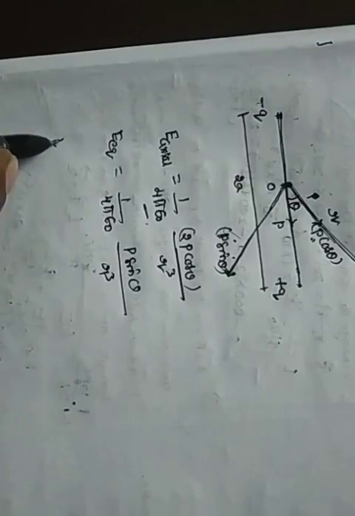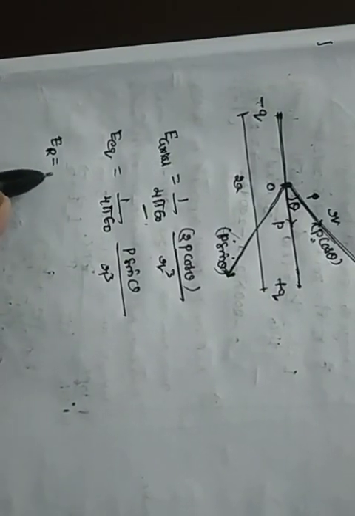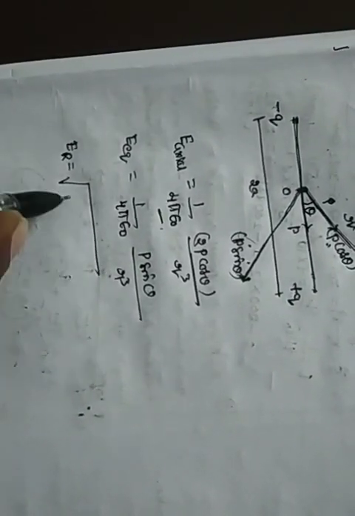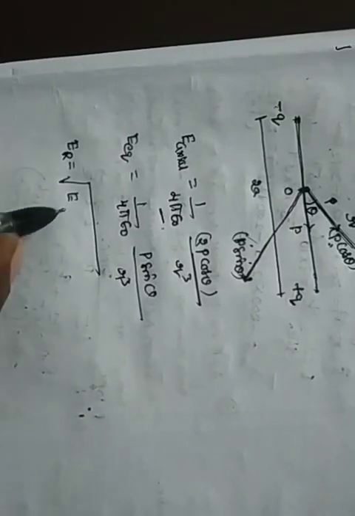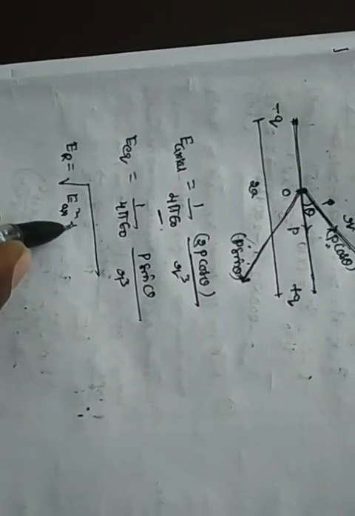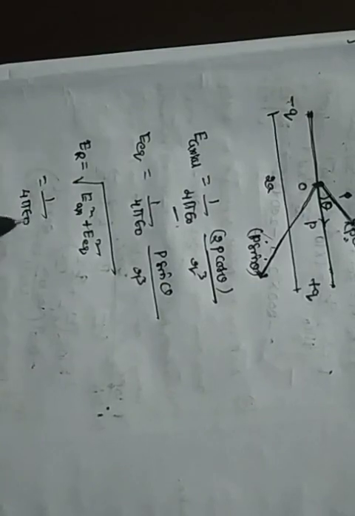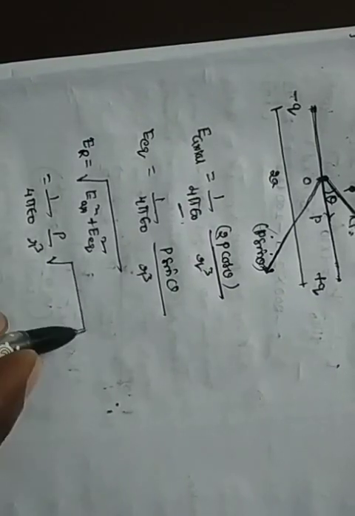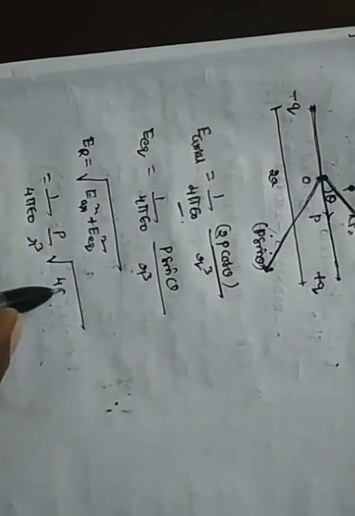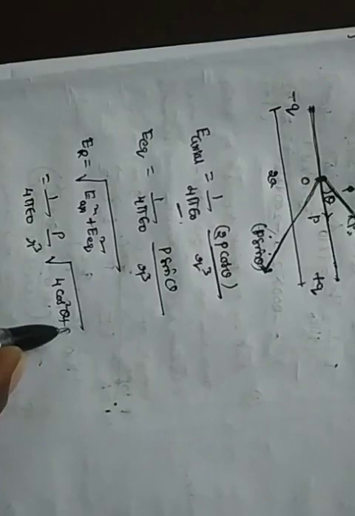So the resultant electric field intensity at a point, from the parallelogram law, is the root of E axial square plus E equatorial square. Then you can write: 1 by 4 pi epsilon naught, p by r cube is common, root of 4 cos square theta plus sin square theta.